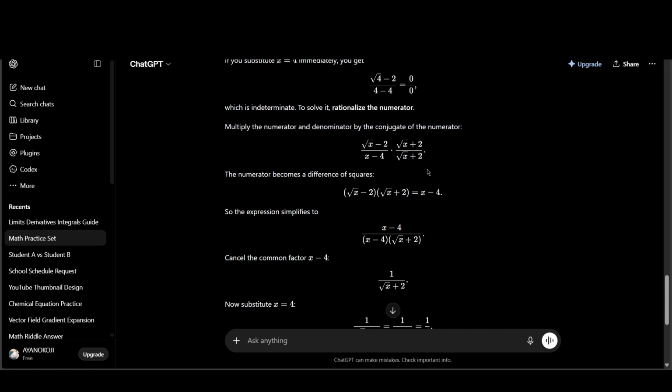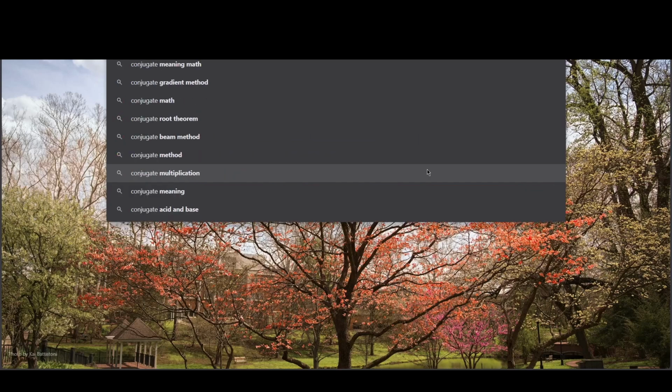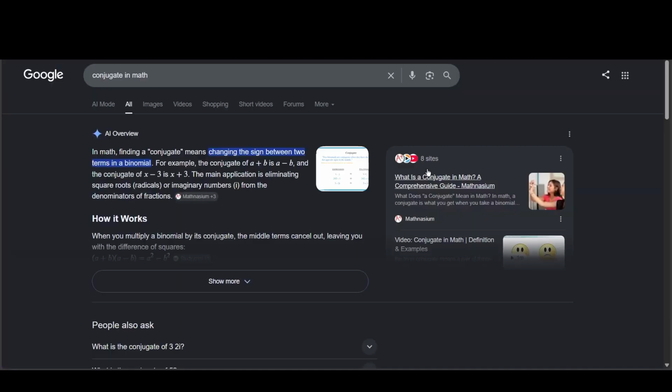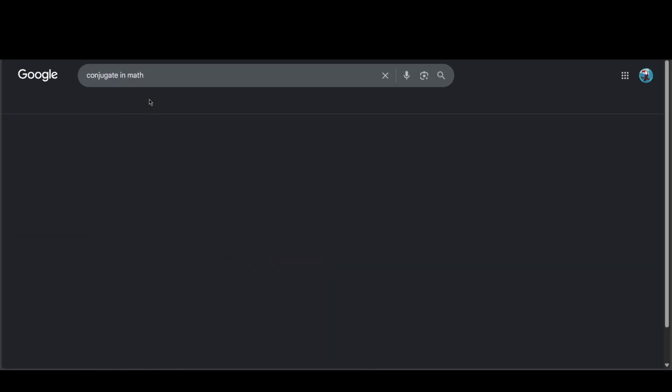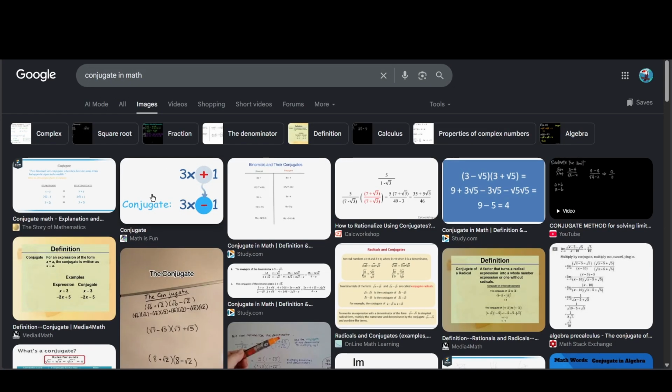What is a conjugate? In math, it's changing the sign between two terms in a binomial. Oh.